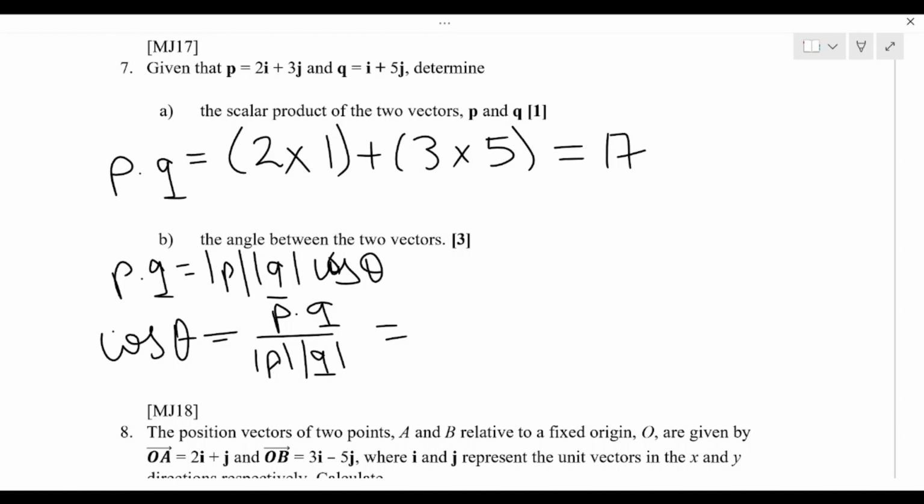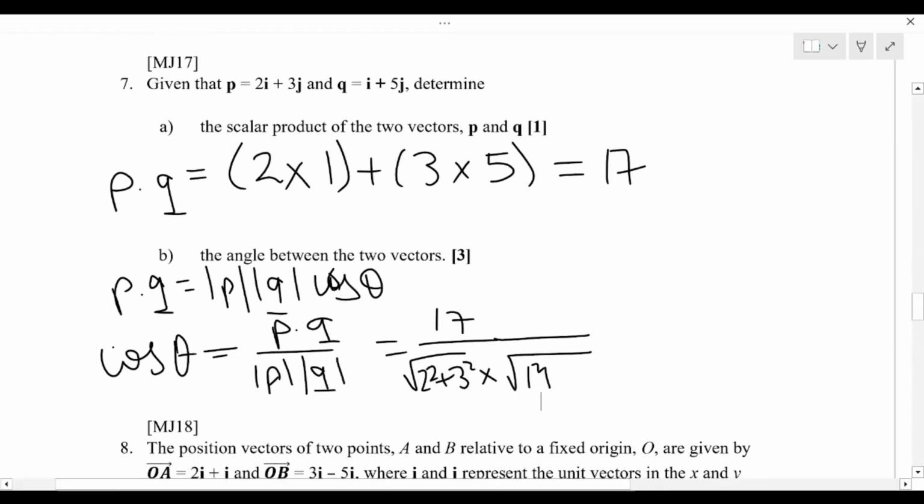The dot product was calculated to be 17, and the magnitude of p is going to be the square root of 2 squared plus 3 squared, the magnitude of q, the square root of 1 squared plus 5 squared.